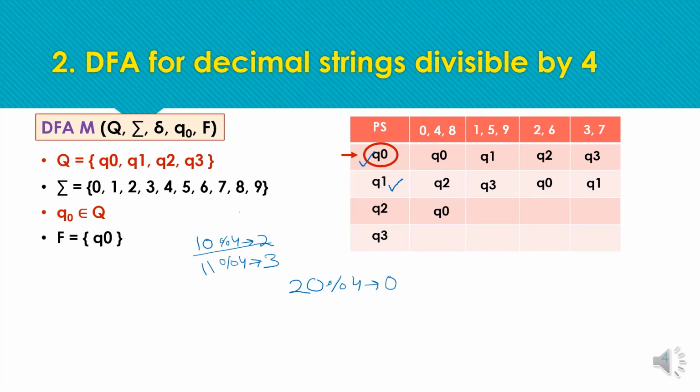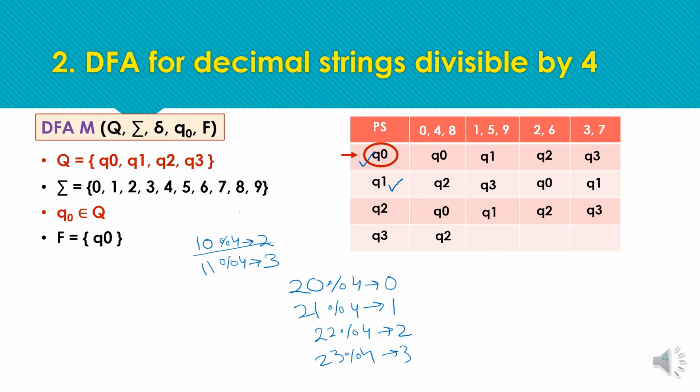For the next set, taking any symbol from it, we get remainder 1, for the next set we get the remainder 2, and for the next set we get the remainder 3. So there is a sequence of states from Q0: the next state will be Q1, then Q2, and then Q3.